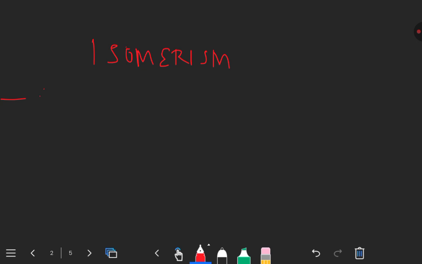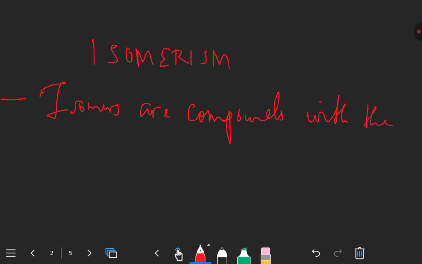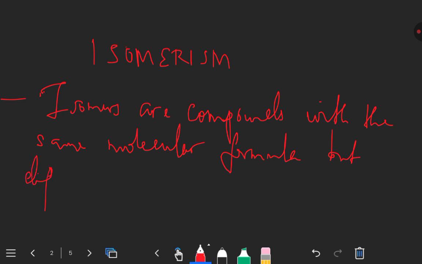So we are saying isomers are compounds with the same molecular formula but different structural formulae.